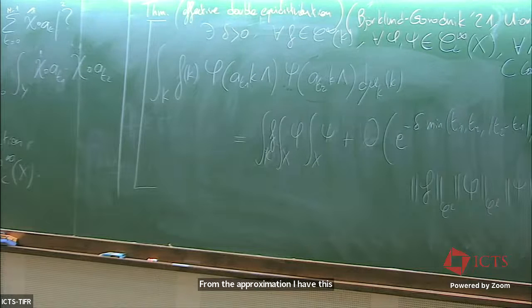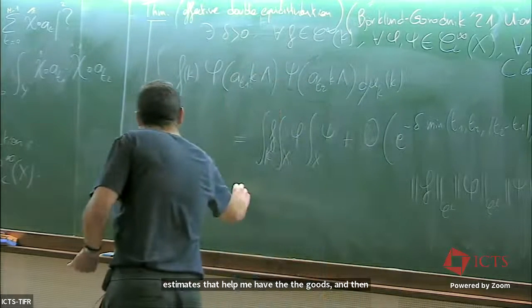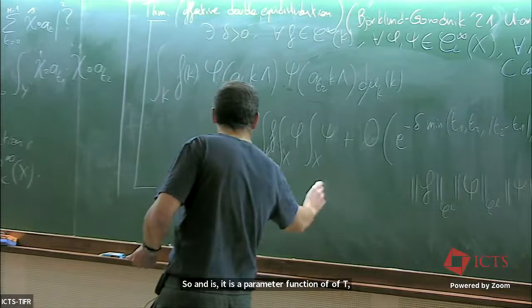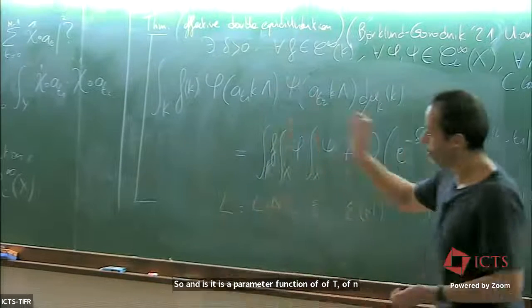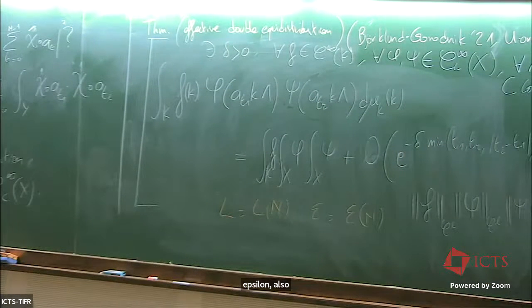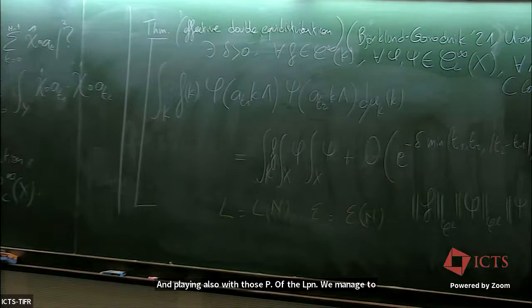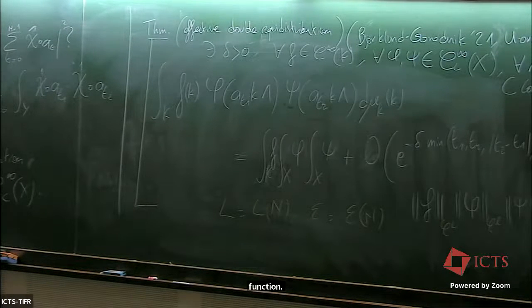And then playing with this parameter L, which is a function of T, n, and epsilon, and playing also with the p of the L^p norm, we managed to have this power saving for the counting function. I think that's all what I wanted to say. Thank you.